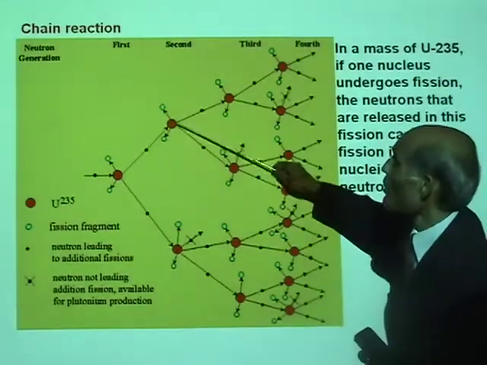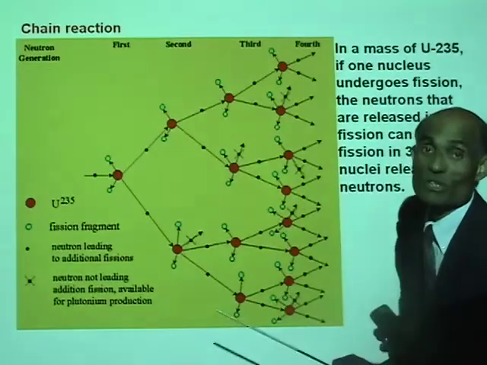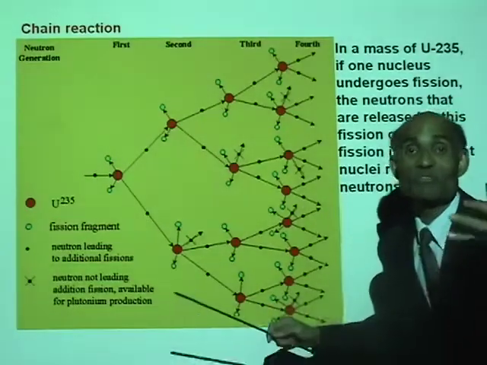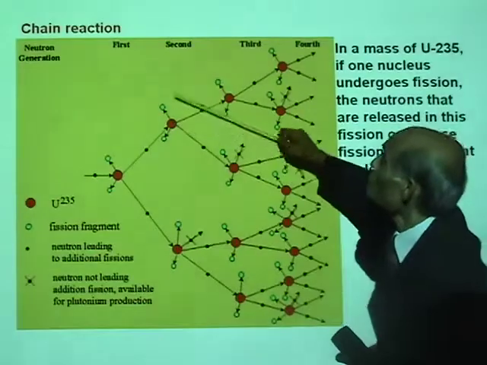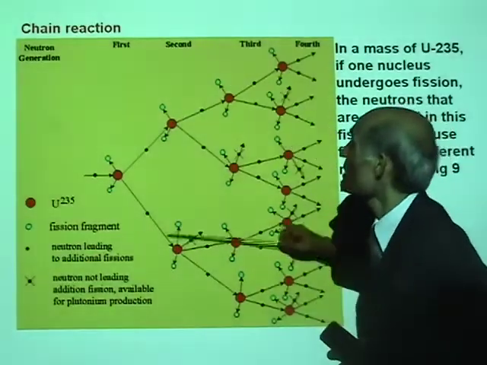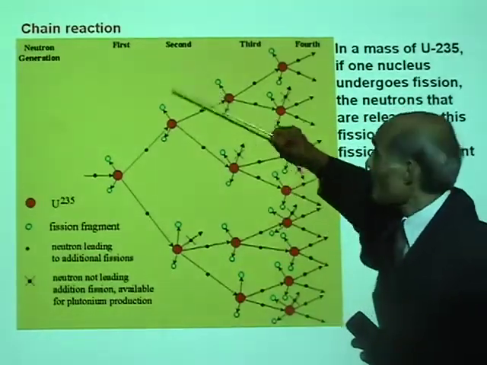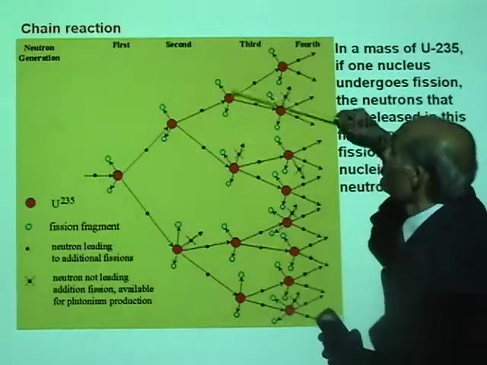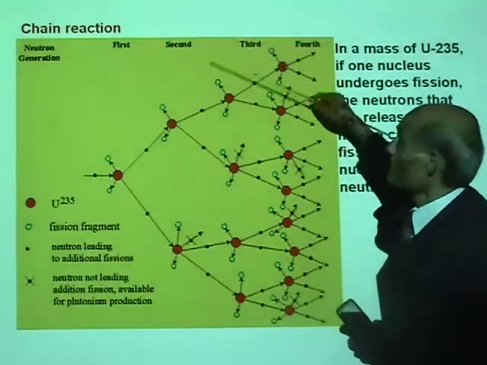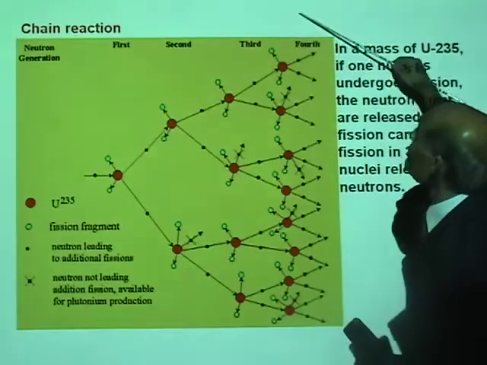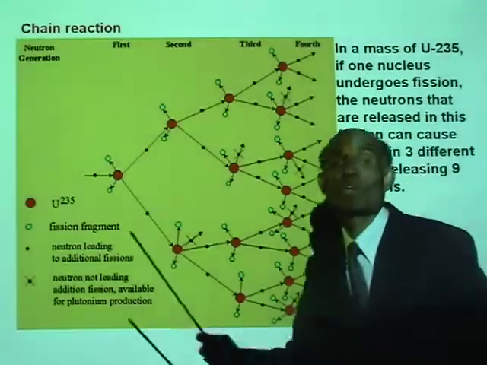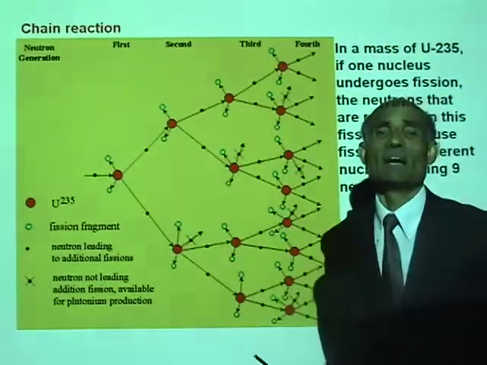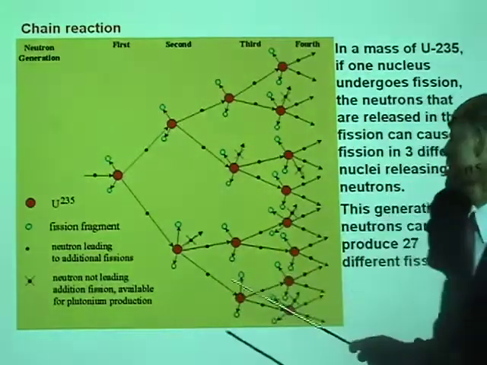Now this diagram only shows 2, but normally there are 3 free neutrons. It can produce 3 fissions in the second round, then 9 in the 3rd round, then 27 in the 4th round. It will keep exploding like that in a chain.